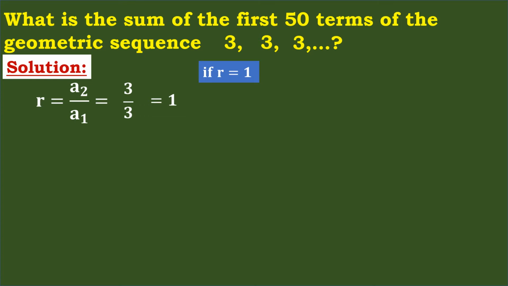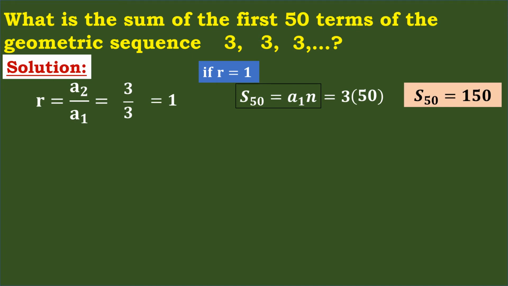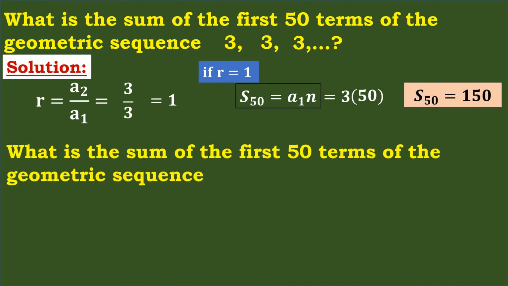According to our condition, if the common ratio is equal to 1, i-multiply mo lang yung first term sa number of terms. Ilan yung number of terms na hinihingi? 50. So, the first term is 3 times 50. Therefore, the sum is equal to 150.